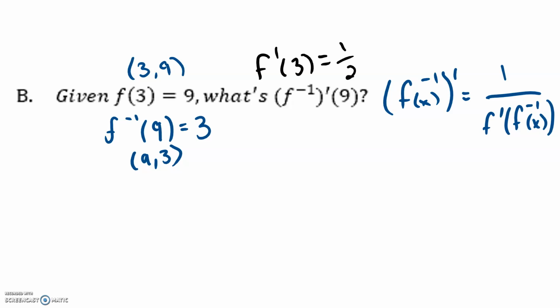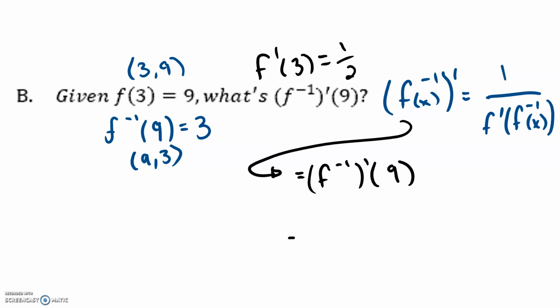Yikes, sorry about that. So we're looking at this derivative. So we've got 1 over, let's write it out again. So now we're looking at the point 9. So I've got 1 over f prime of f inverse of 9.